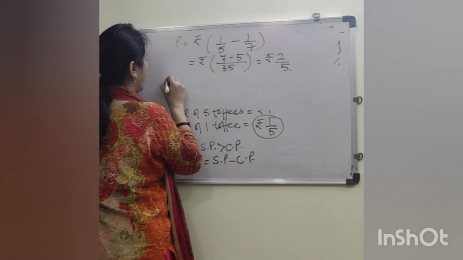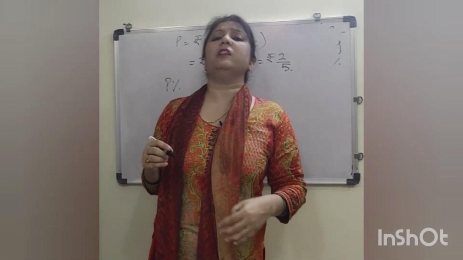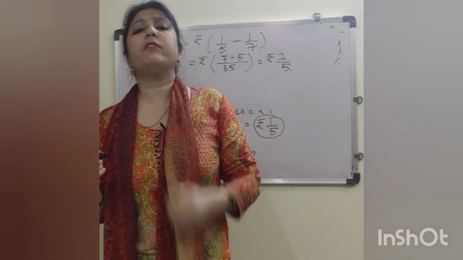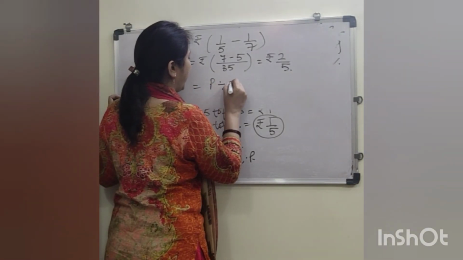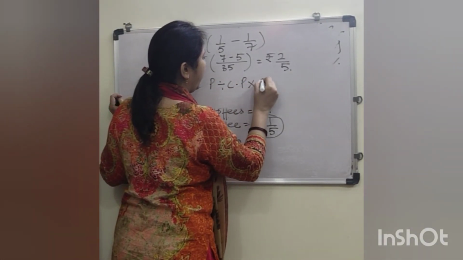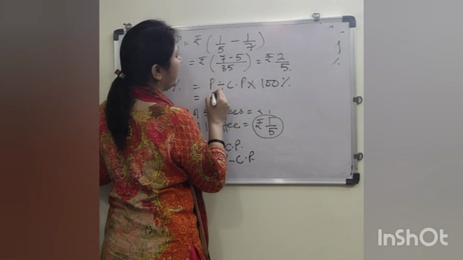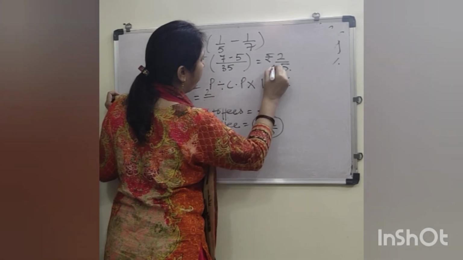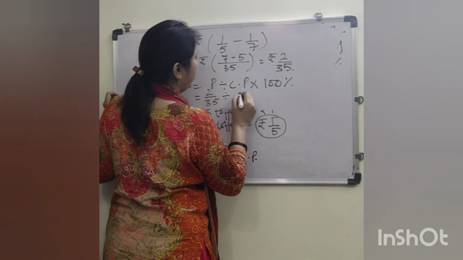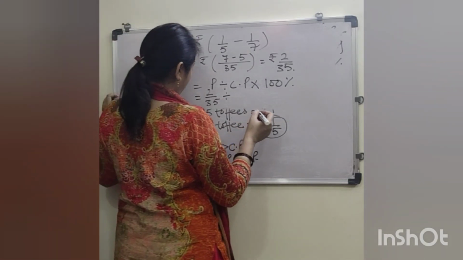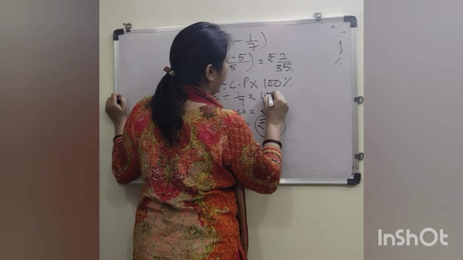Now we have to calculate profit percent. As we have values in fraction, we will change a bit the way of writing the formula. That is equals to profit divided by CP multiplied by 100% and put the values. Profit is 2 over 35 divided by CP, our CP was 1 by 7, multiplied by 100%.